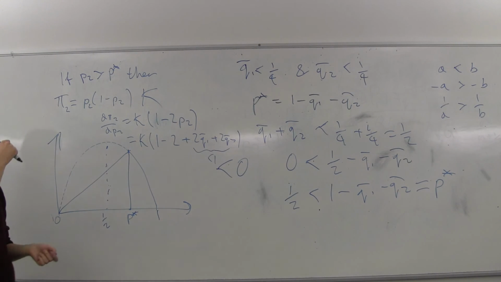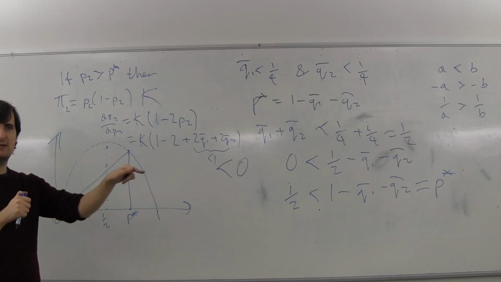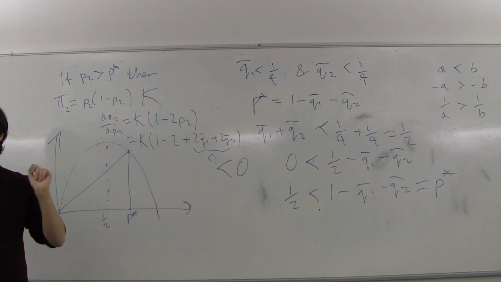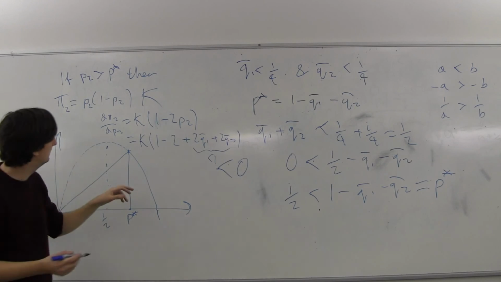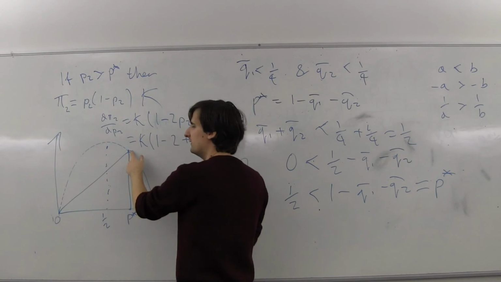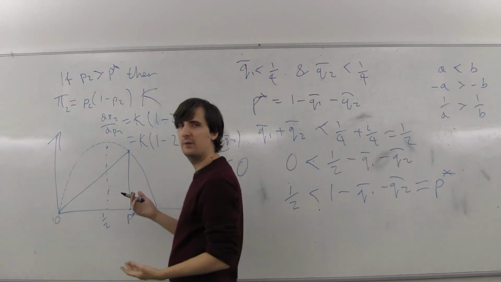If by going right, by increasing price, we can get closer to the maximum, that's a good thing. Whereas if the maximum is to the left of where we are, then we can't possibly get closer to the maximum by increasing our price. So this thing is maximised at a half. We're at a point over here, therefore we don't want to increase price.